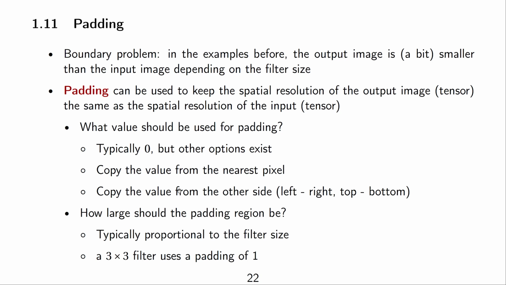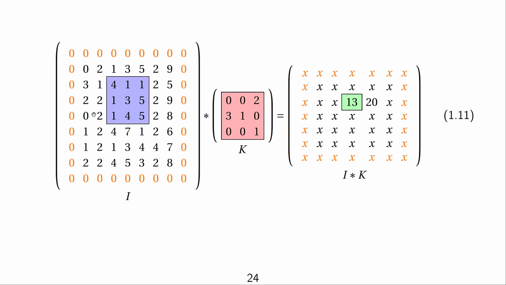But there's also the idea to do this toroidal topology, to do this toroidal copying. You might know that from old video games, you go out to the left, you come in to the right. So let's look at an example here. We want to know what value should we fill in here. Then we go out here and come in here, so we end up here.